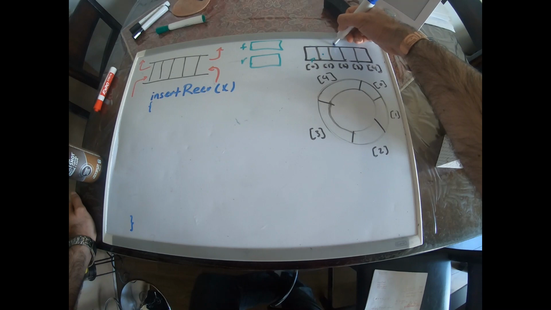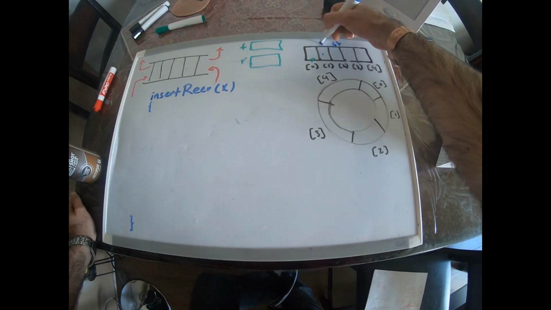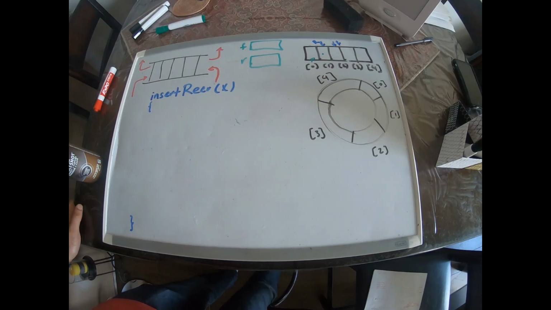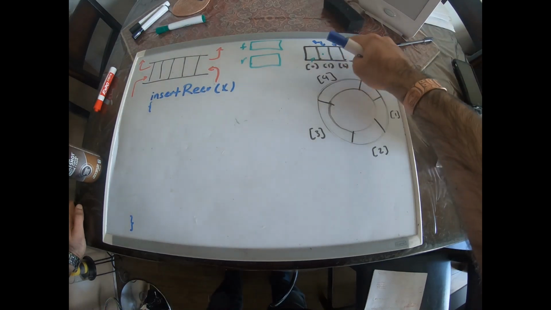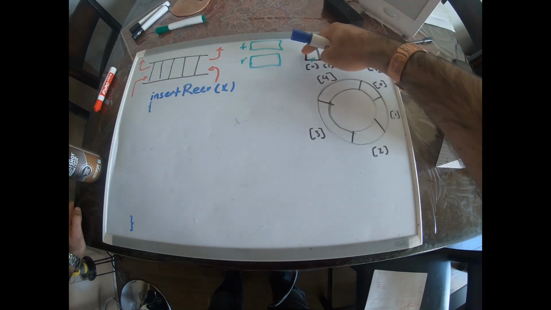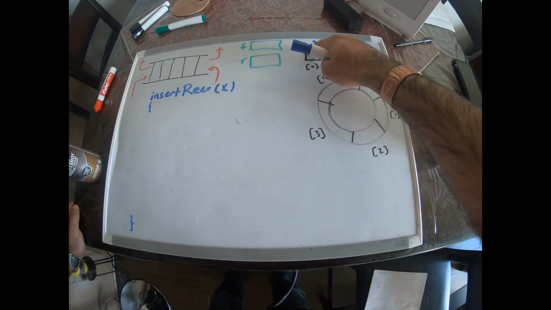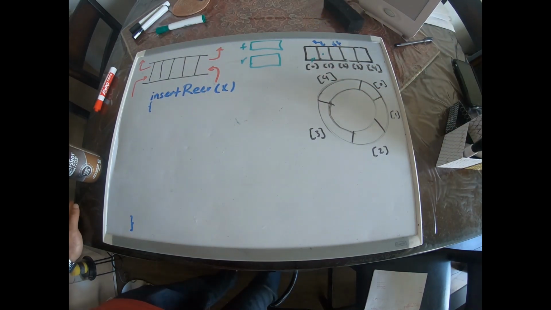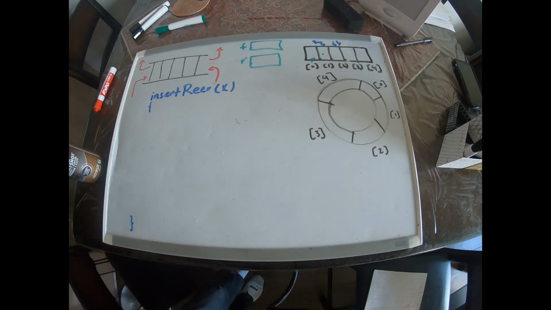How about this case, if front is here and rear is here. In this case it means that we started from here, we filled everything, we circulated around the array, and we inserted at these points, and now the rear is here. So in this case also the deck is full.